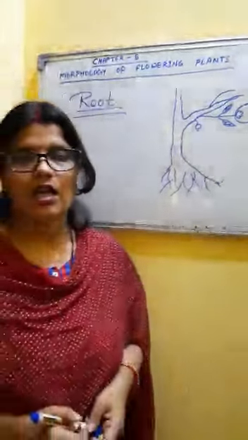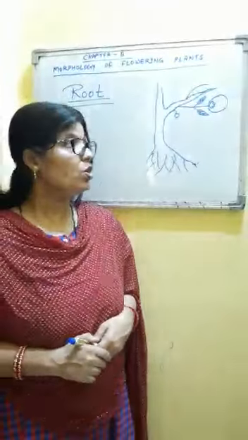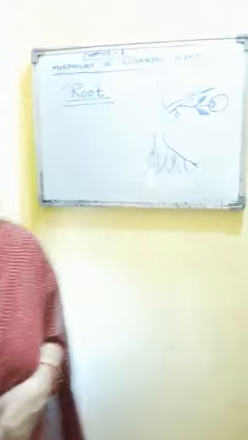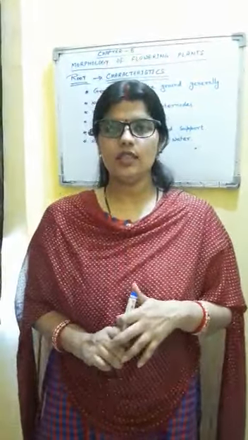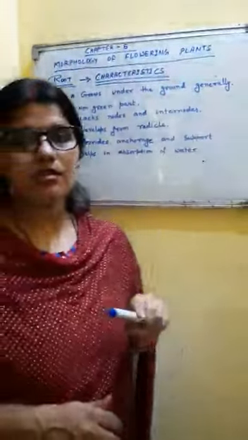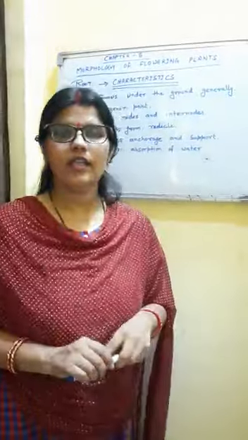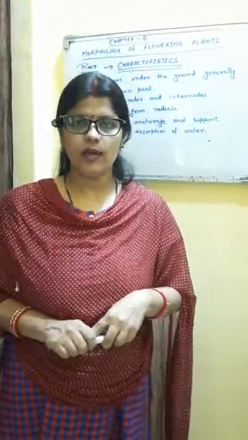We will study about the structure and modifications of root of an angiospermic plant. Roots are the parts of the plant that generally grow under the ground. This is the characteristic of root. The second characteristic, it is the non-green part of the plant. Leaves are generally the green part of the plant.